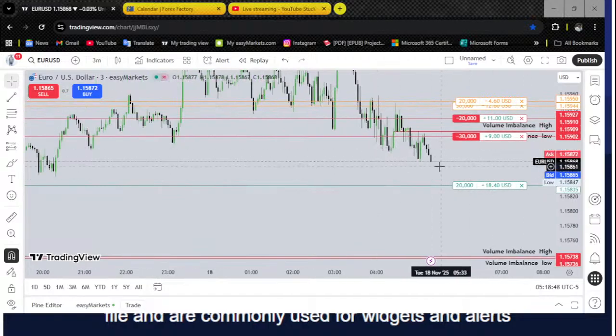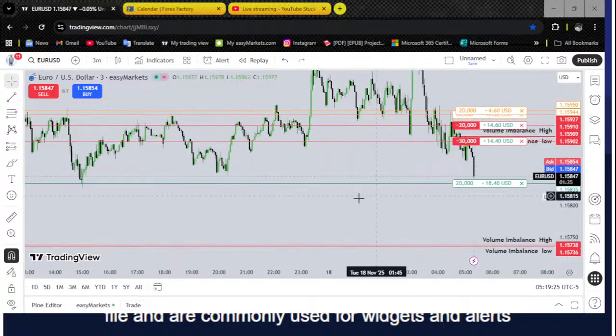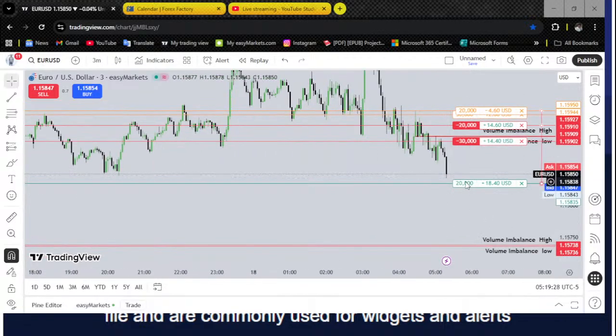To displace now, I want this candle, if possible, to be a very good displacement. A good displacement like that. So I will expect this cycle to be taken.